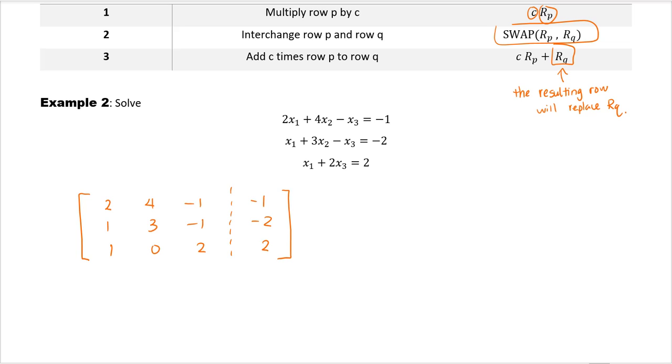Okay, so what we're going to do is Gaussian elimination. What is Gaussian elimination? How it works is we want to make the (1,1) entry 1, and then we want to use it to kill the entries below it. Okay, so how do we make this guy 1? Well, there are many different ways.